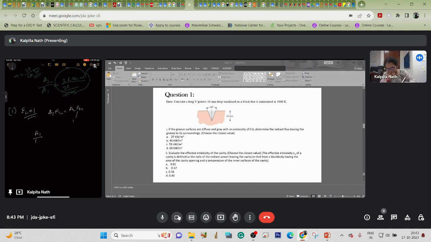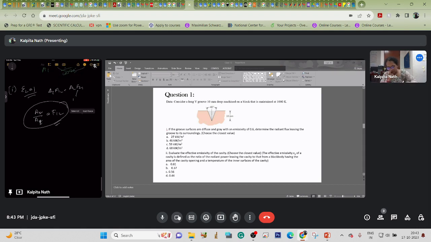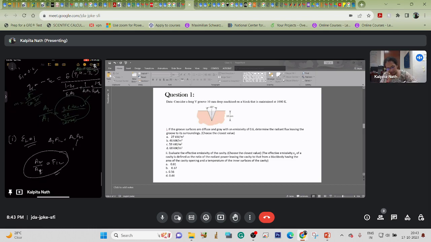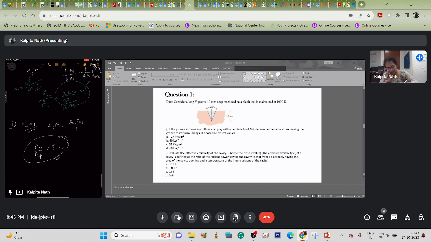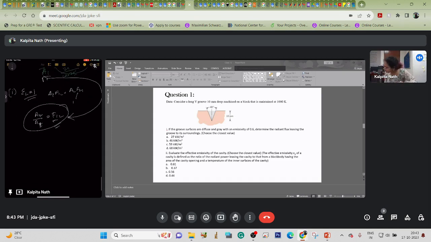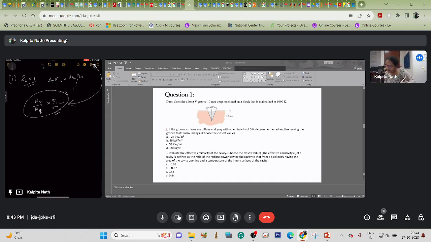So A2 upon A1 is equal to F12, right? So we can directly use this formula, as it is equal to F12. I've already said how we got this. Now we'll just put it in the main formula.